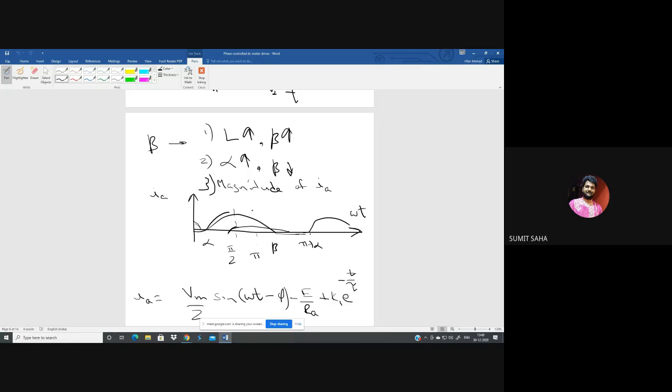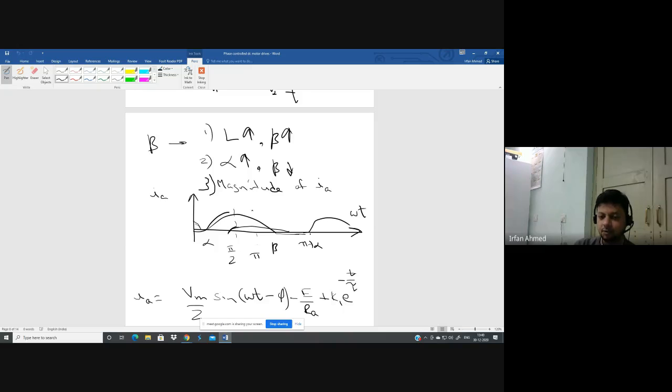Yes, sir. So the boundary between discontinuous and continuous conduction is obtained when beta is equal to pi plus alpha. So if you substitute beta equal to pi plus alpha in the equation for current and you solve it, once again, I'm not writing the formulae.